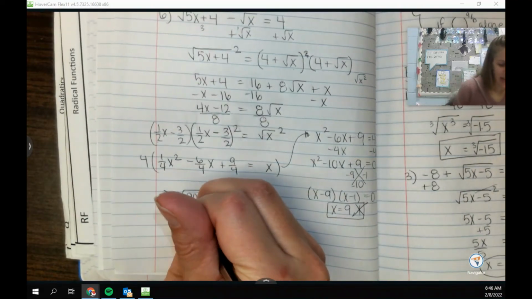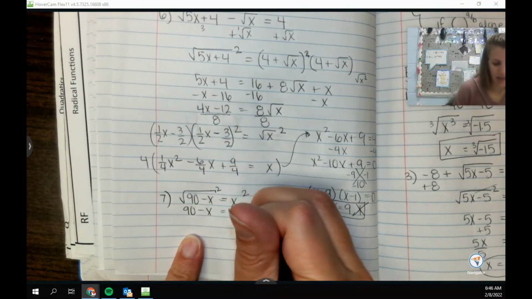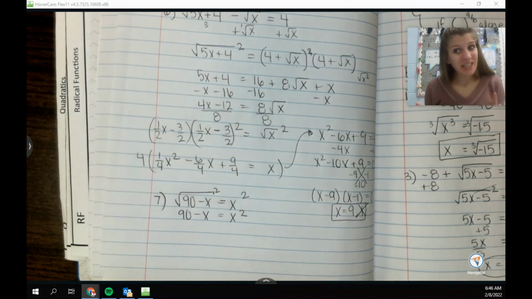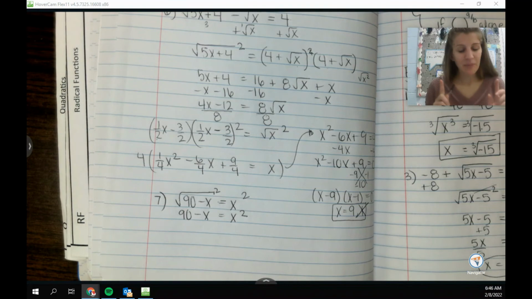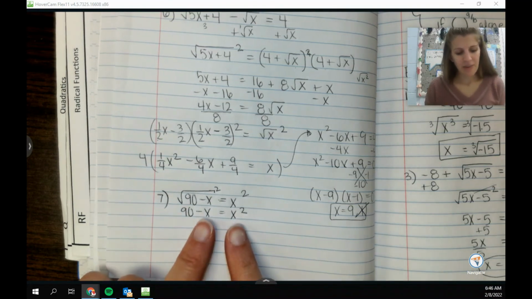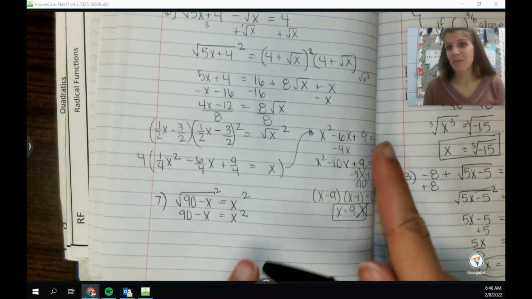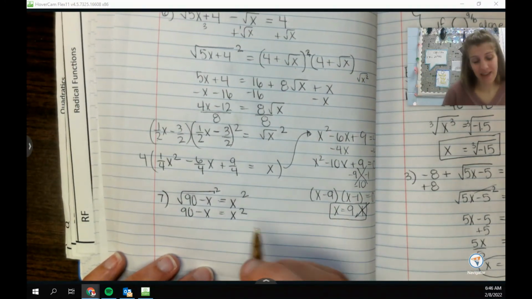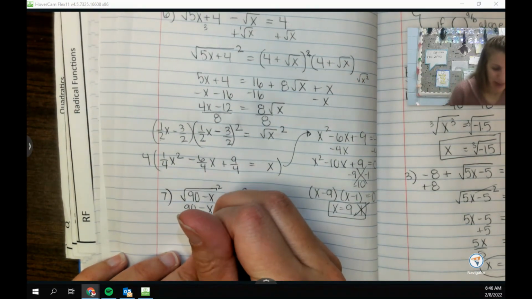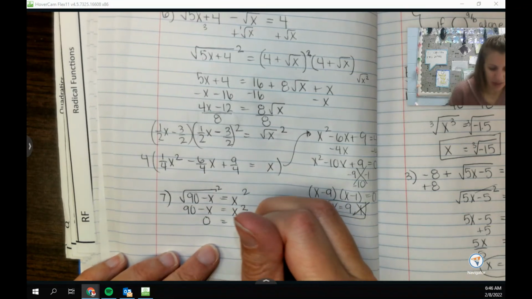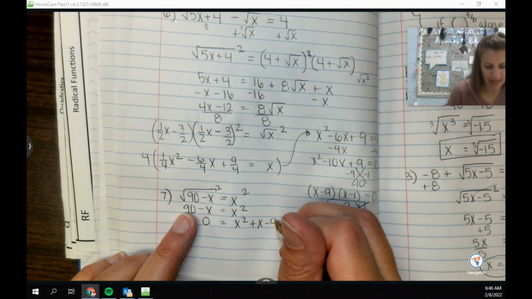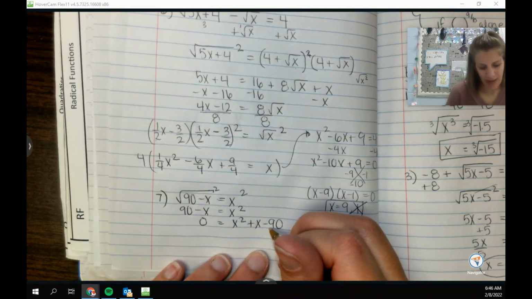So I'll have 90 minus x equals x squared. And so much quicker this time my roots are gone, but also I'm a quadratic again, but so much quicker than last time. And if I'm a quadratic, I think the way I want to try to solve is by making it equal to 0. So I'm going to add my x over and then subtract my 90 and then try to factor.